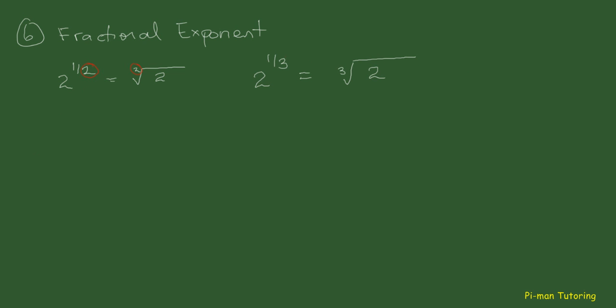Again, the denominator becomes the coefficient on the radical here. So we can write this generically that some base to the power of 1/m is equal to the mth root of that base.